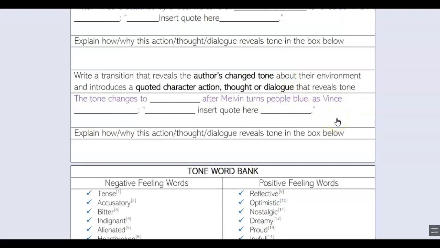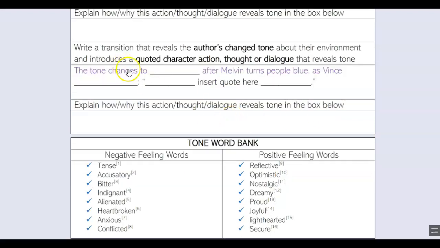Then you write a transition that reveals the author's changed tone about their environment and introduce a quoted character action, thought, or dialogue that reveals tone. So the tone changes to blank after Melvin turns people blue as Vince does this.